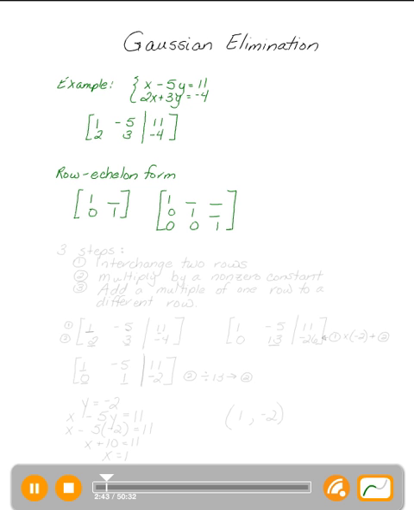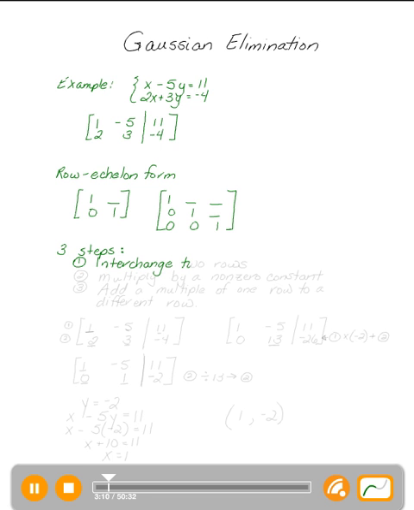That's our goal when we solve with Gaussian elimination. In order to do that, there are 3 steps that we are allowed to use to change our matrix from the form it's in to get it into row echelon form. The first thing we are allowed to do to a matrix is interchange 2 rows of the matrix.